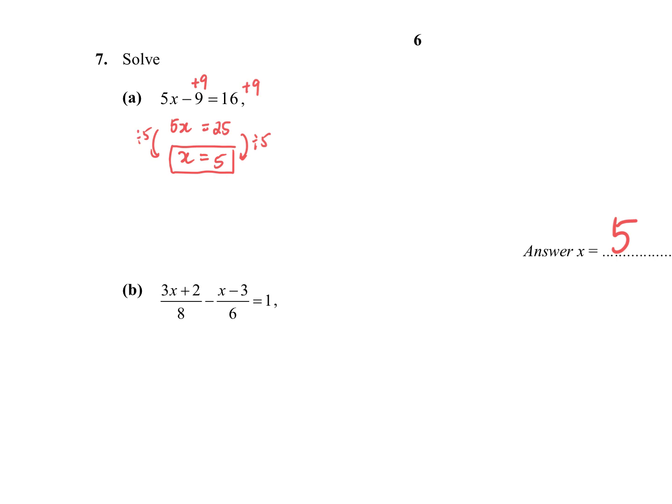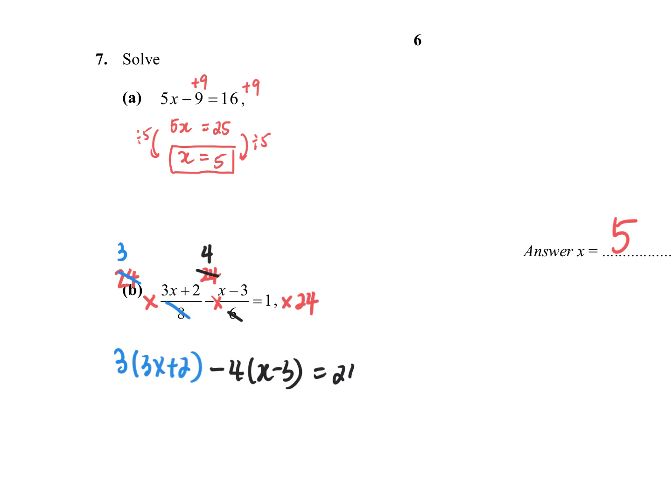Okay, next one, I need to multiply by LCM. So the LCM is 24. So everything multiply by 24. So 24, you cancel this out, left 3. Okay, then the other one, you left 4.